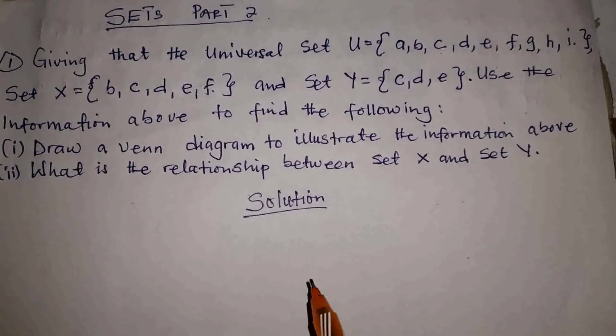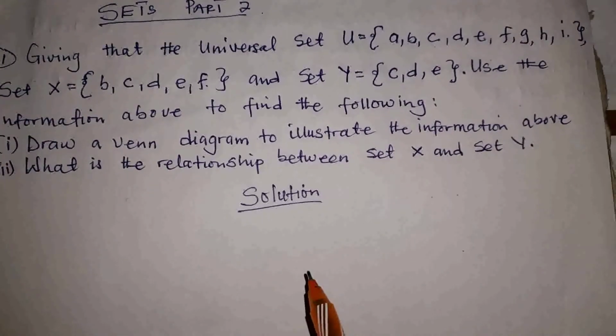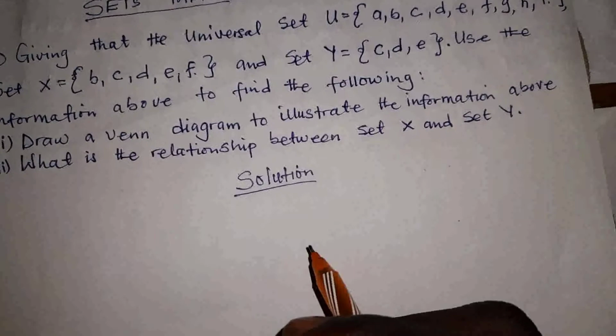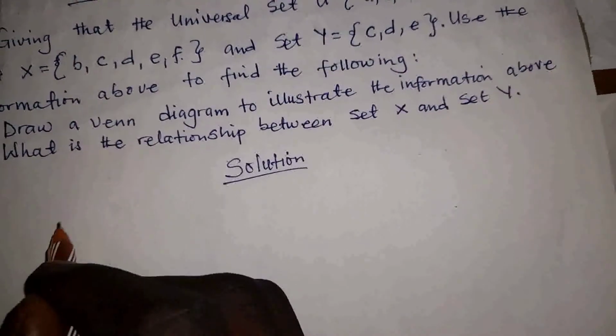That's the solution. The first thing it says is we draw our Venn diagram. But first, let's list our data.